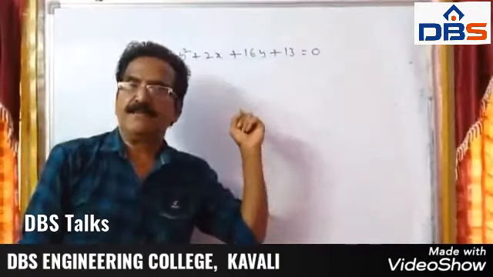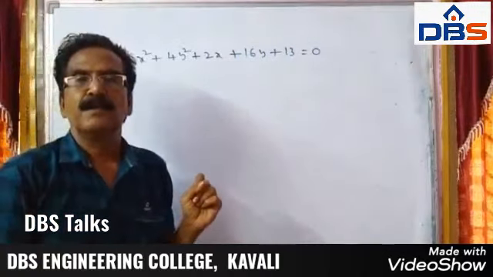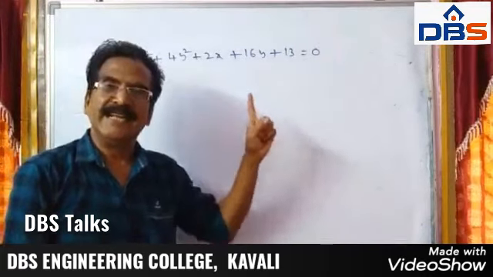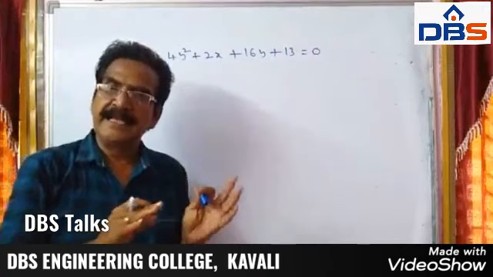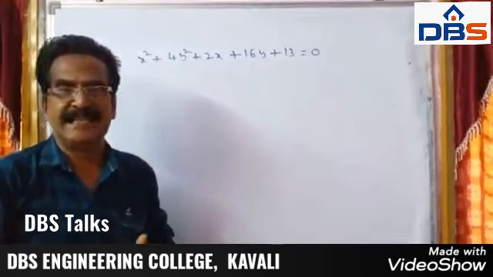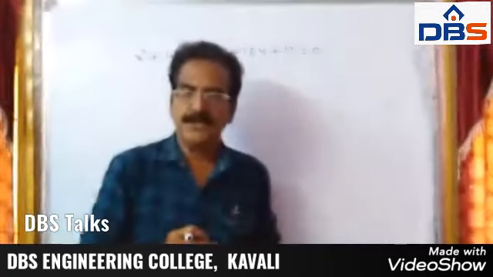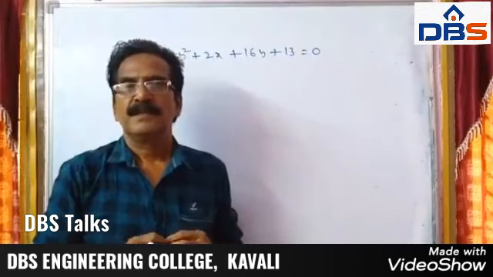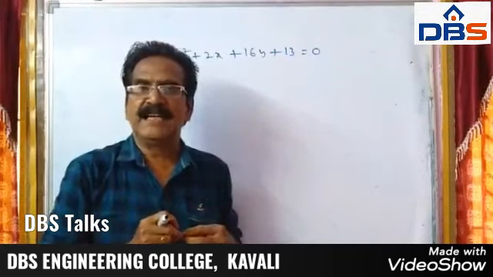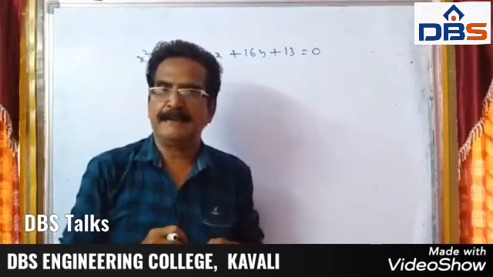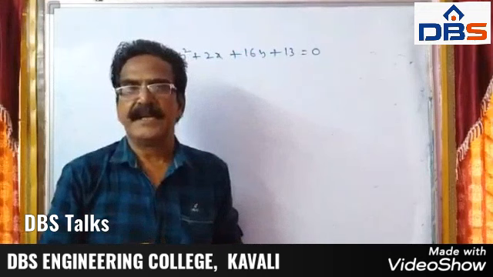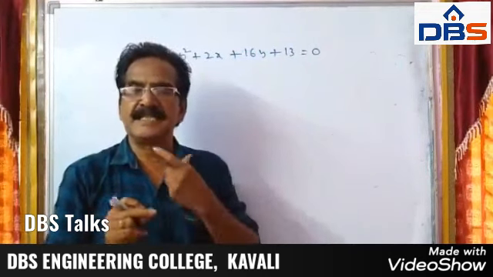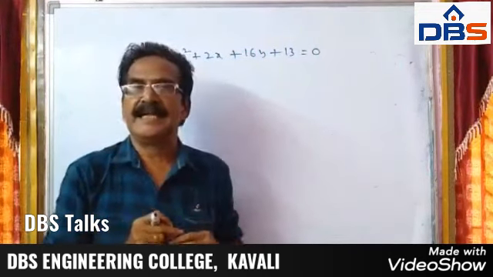So this is the equation of the ellipse. We have to find the length of the latus rectum and equation of the latus rectum. Friends, you know what is the length of the latus rectum for our standard ellipse with origin (0, 0)? 2b square by a.